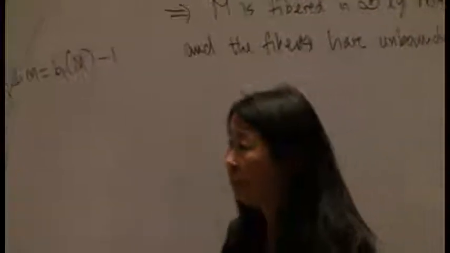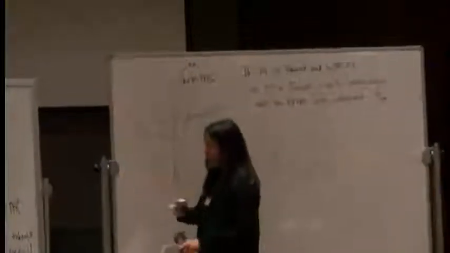Okay, so this gives you a natural family of mapping classes where you're not fixing the surface at all.